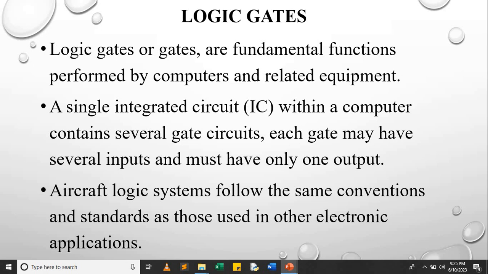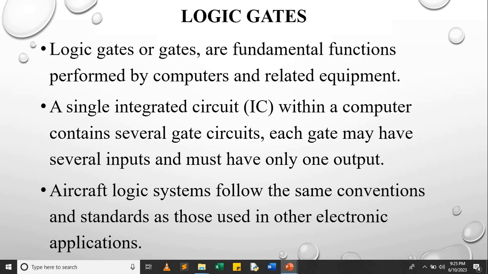Okay, so gates are fundamental functions performed by computers and related equipment. A single integrated circuit within a computer contains several gate circuits. Each gate may have several inputs and must have only one output. You get it?